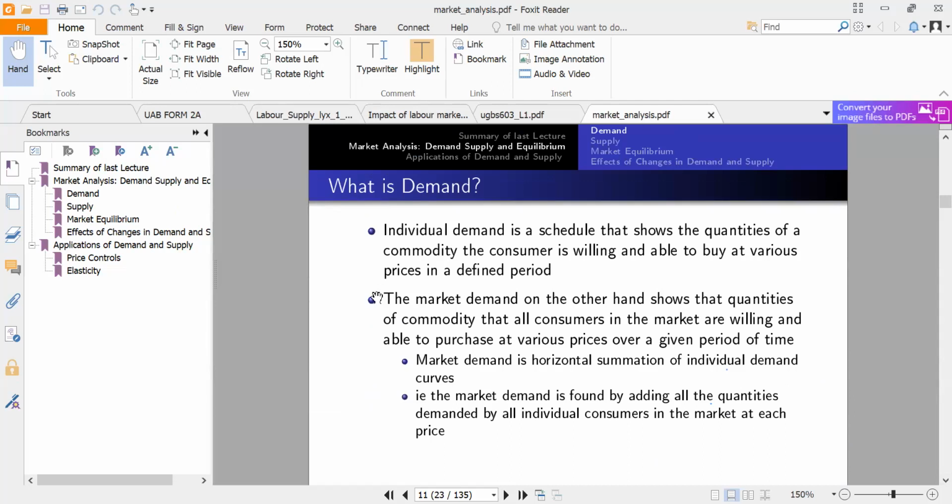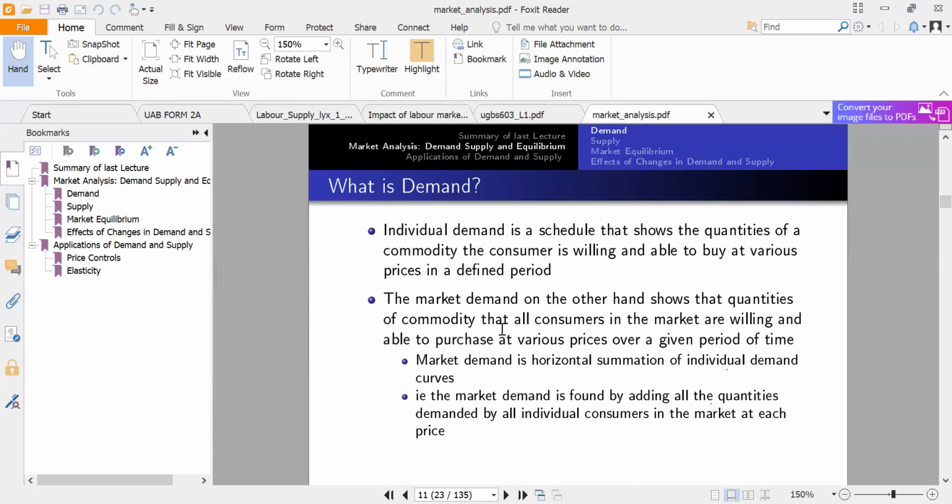The market demand, I already explained that. The market demand, on the other hand, shows the quantities of commodities that all consumers in the market are willing and able to purchase at various prices over a given period of time. So market demand is for the entire market. Individual demand is your own demand or somebody's own demand, okay?